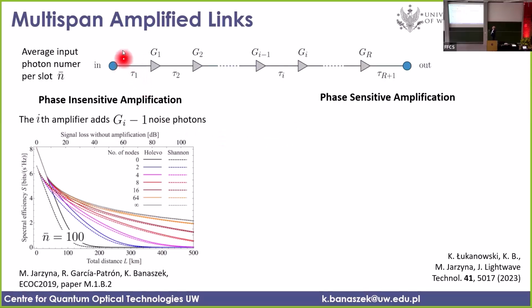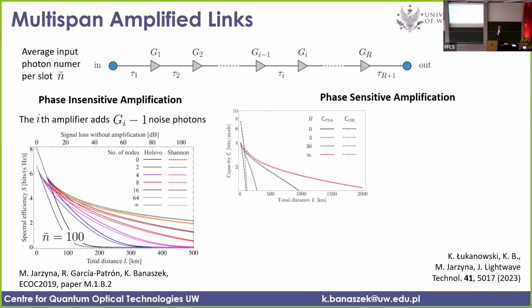Basically, if you include the fact that during losses, you get some environmental vacuum fluctuations in the budget. And in this case, actually, the story is very similar. We also have loss, the capacity of our link goes down, and the advantage of using quantum receivers is not that much either.